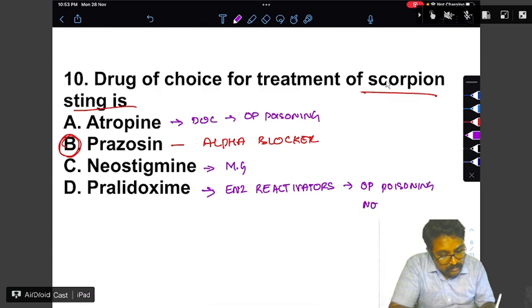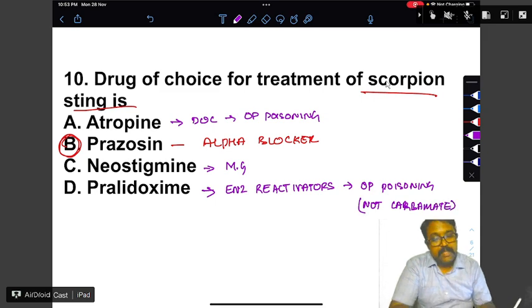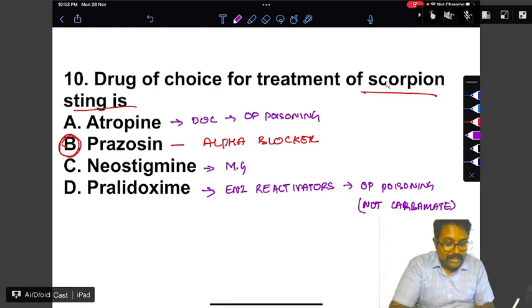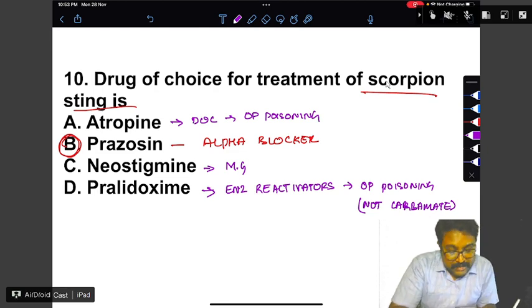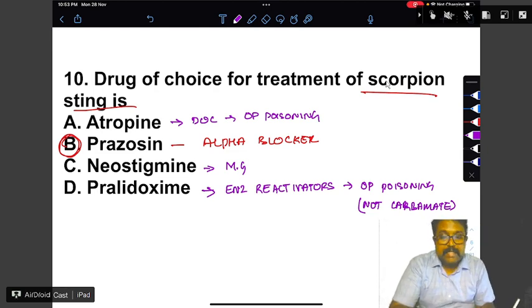Not in case of carbamate poisoning, because the carbamate will occupy both the sites present on the cholinesterase. Thereby there will be no empty site which can bind to the enzyme reactivator, that is pralidoxime.